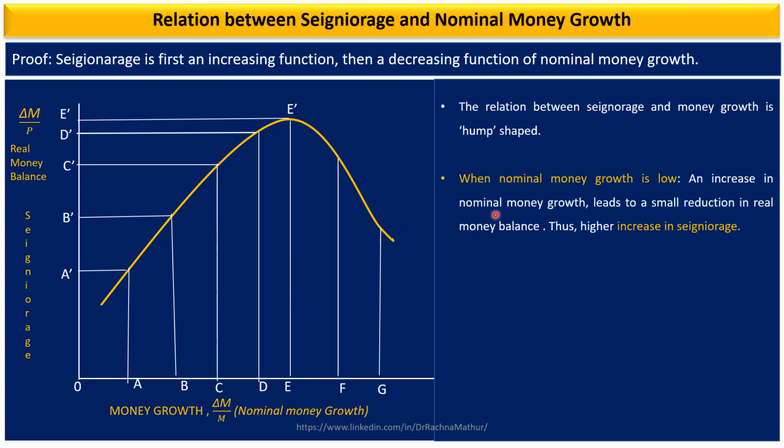Initially, when the nominal money growth is low, at this point, an increase in the nominal money growth leads to a small reduction in real money balance. That means an increase in the nominal money growth in the initial stage will lead to a very small increase in the price level. This will result in a large increase in the value of seigniorage.